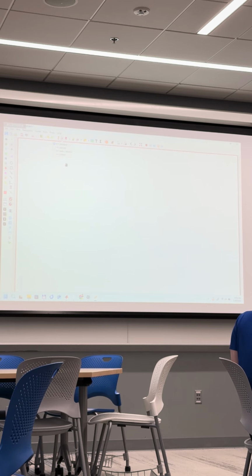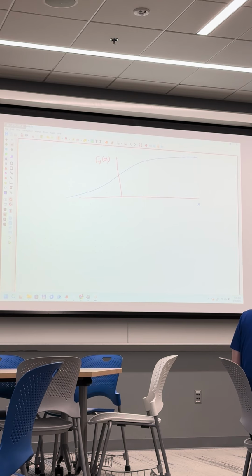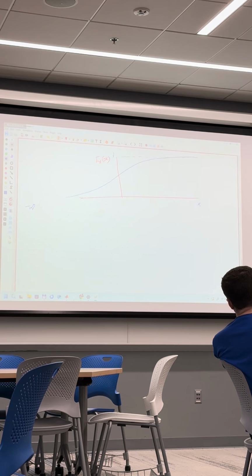Say F sub x was like this. So this is random variable x. This is 1, and it goes all the way to negative infinity. At negative infinity, it is 0. So this is for the single variable case.